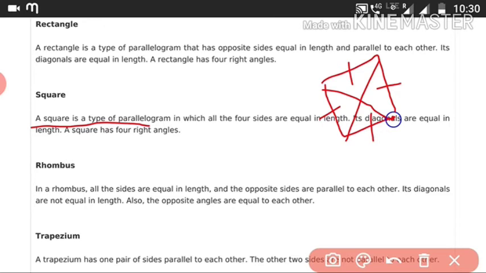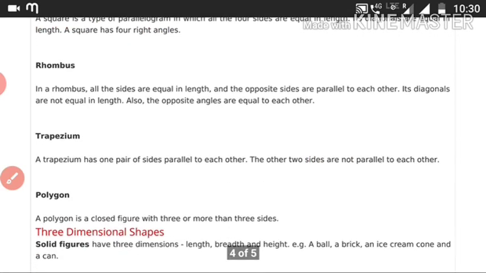And a square has 4 right angles, and this square also has what? 4 right angles, means all sides will be equal. But in rectangle only opposite sides are equal, but all angles are also right angles, and for square also all angles are right angles. Now next, rhombus.